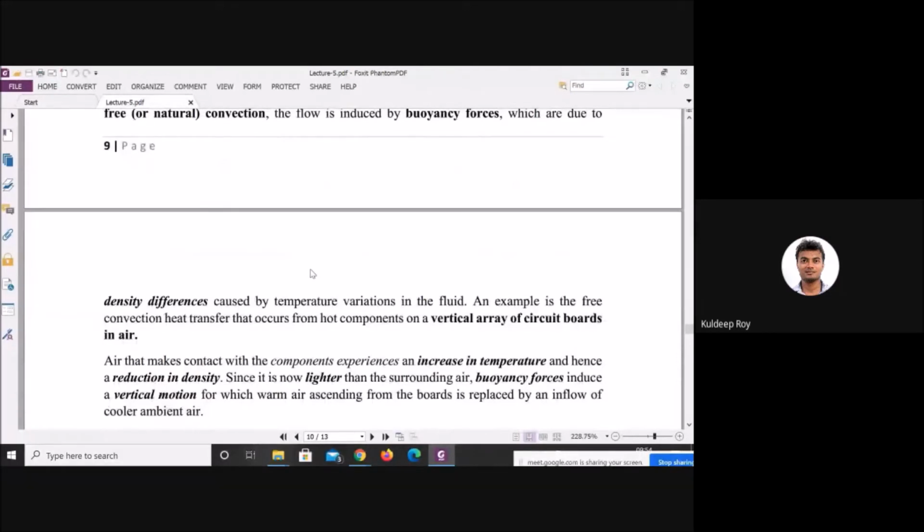As I already told, forced convection means you are applying some kind of force, like in your computer or PC you are applying an external air circulator. Okay, what about natural convection? Any idea? Means where the air will flow naturally without applying any kind of external force. Please give an example.